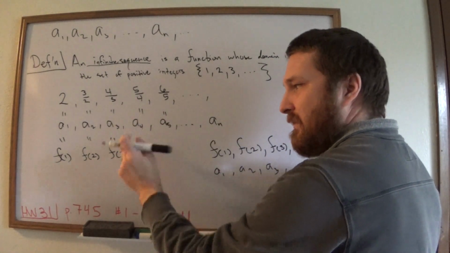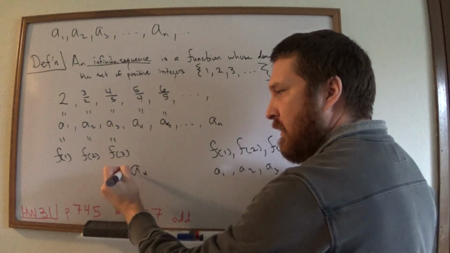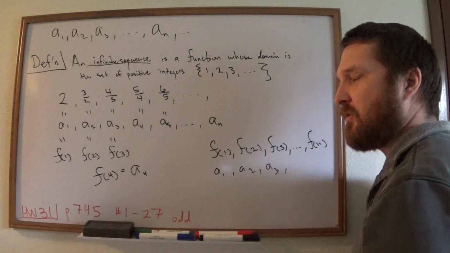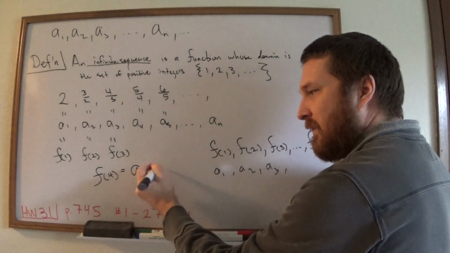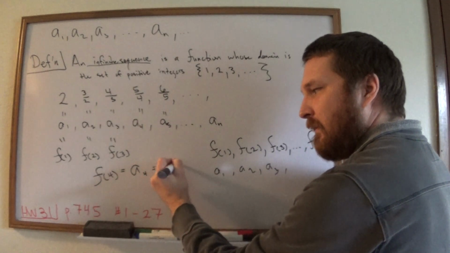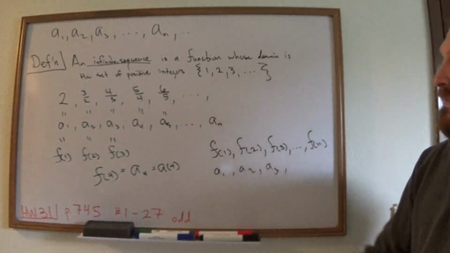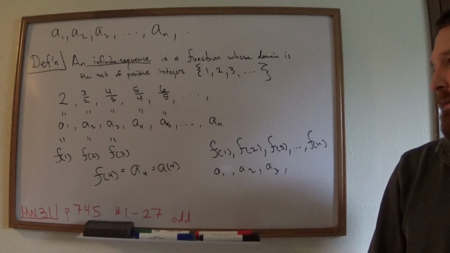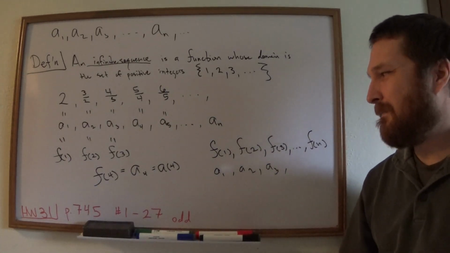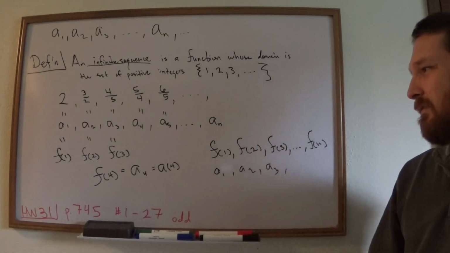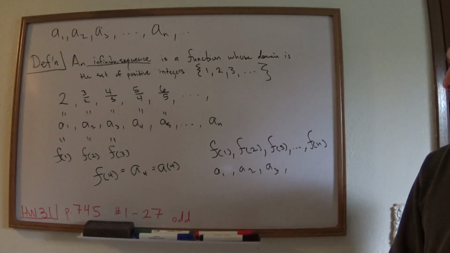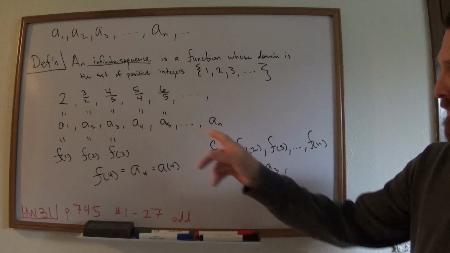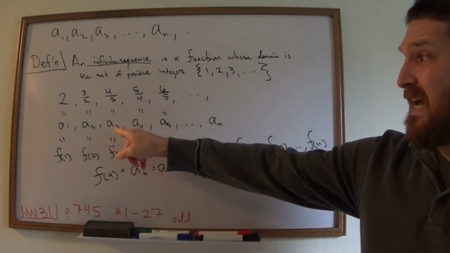So this A4 is what you get out when you plug a 4 into the function. This little 4 here is almost like an input. Each one of these subscripts is like an input to your function. Questions on that? It may be a little funky, it may be obvious. So again, you can think about these, and this is also called the index down here.